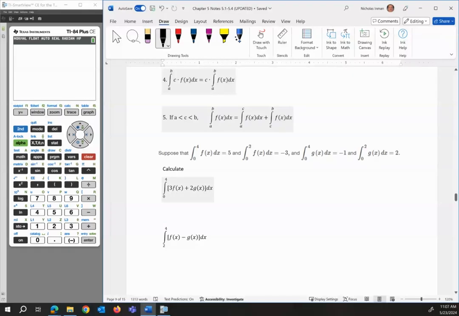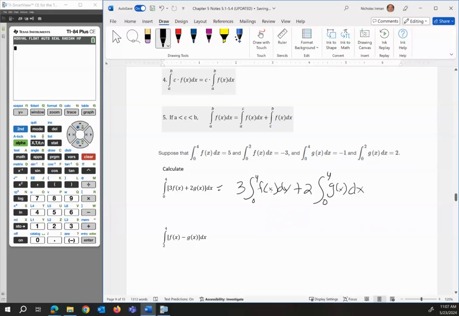All right, so to use some of these properties, if I'm doing the integral from 0 to 4 of 3 of my f plus 2 of my g, well, I can split this up. The 3 can move in front, and I can do the integral from 0 to 4 of f plus 2 in front, the integral from 0 to 4 of g. We can use those little properties to just rearrange the problem.